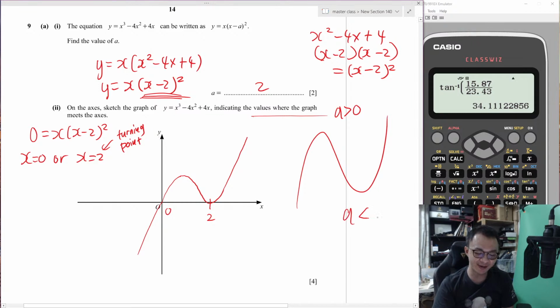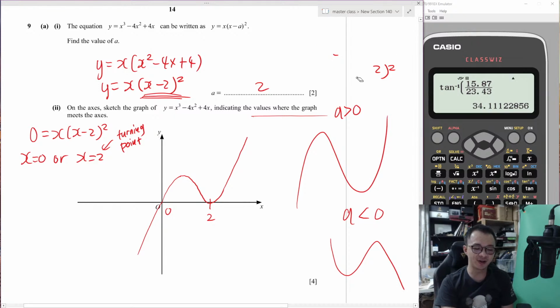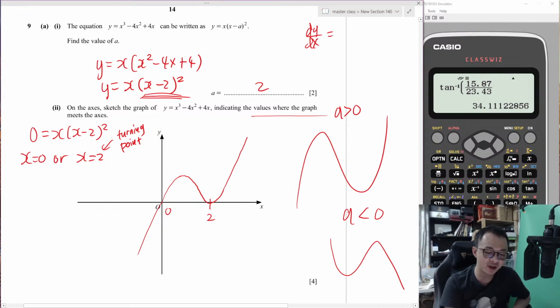So if a is less than 0, your graph will be on the other side. Your graph will be like this. But if you do the dy dx, it's not hard for you, because you learn about differentiation, right? Because at any turning point, dy dx will equal to 0. Then this is 3x squared minus 8x plus 4 equals to 0. Then you will just factorize it.